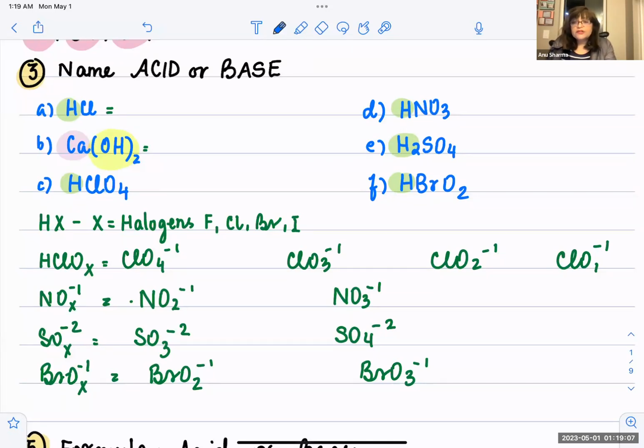Similarly, tin +2 or +4, copper +1 or +2, iron +3 or +2. Those states are going to be in Roman numerals.